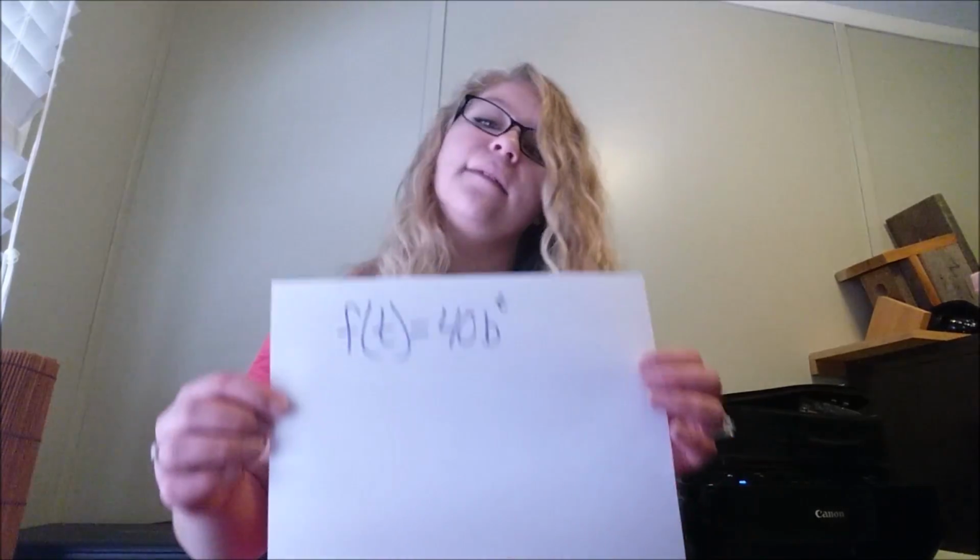And we're going to revert back to A, which says find an equation for f. So we're going to start with our y-intercept, which just happens to be 40, because we start off at 0 weeks, and we have 40 leaves on the tree. And so we're going to have f of t equals 40 times b to the t.